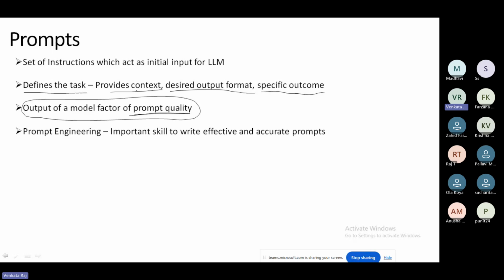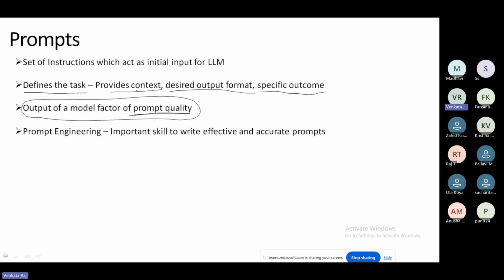Now the first person will get the expected output in a much shorter duration compared to the other person, guys. Even if both of them are using AI, one person is benefiting from it and is able to complete the task in less time, but the other person is taking longer. So what is the point?